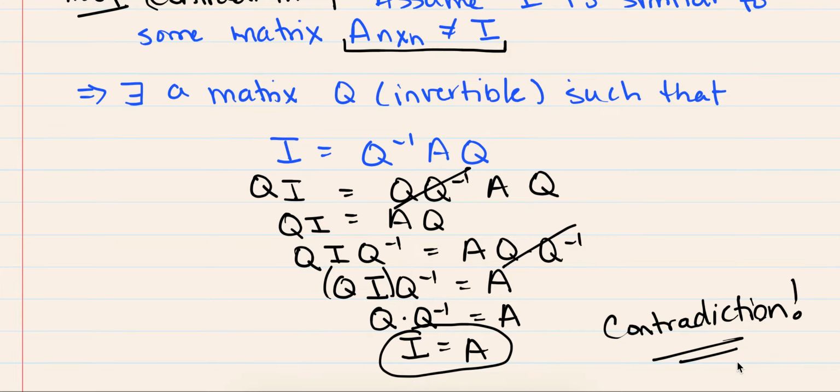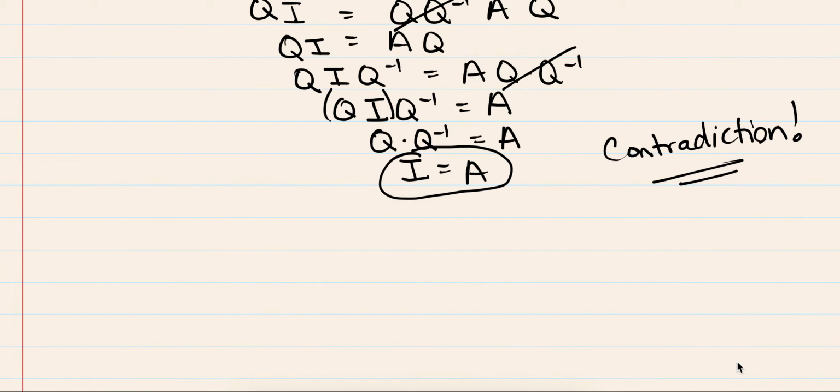So the next thing I want to talk about is I want to bring similarity back to linear transformations. From now on, I want you to think of matrices as linear transformations.